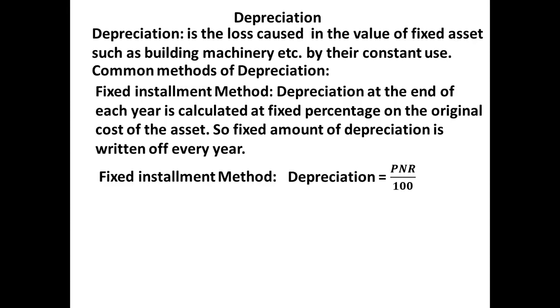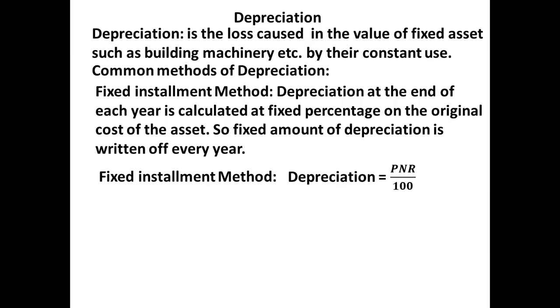Then what is the depreciation for 5 years? 10,000 into 5 into 10 divided by 100 is equal to 5,000. 5,000 is the amount of depreciation, and the value at the end of 5 years is P minus D. P minus D is the value after the given period. In this way you calculate.